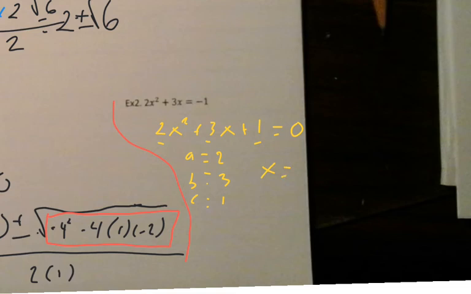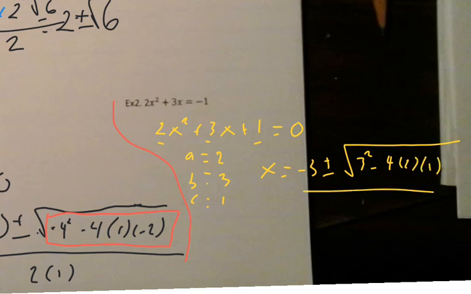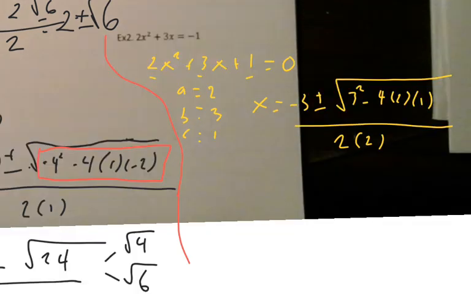X equals, so we have negative b, which is just negative 3, plus or minus the square root of 3 squared minus 4ac, so 4 times 2 times 1, all over 2a, which a is 2 in this case.